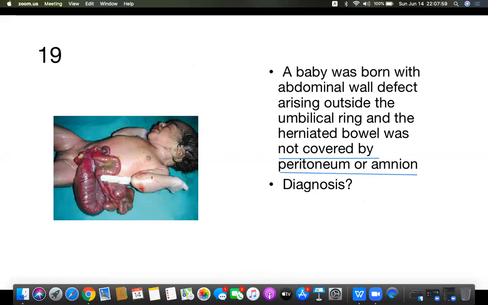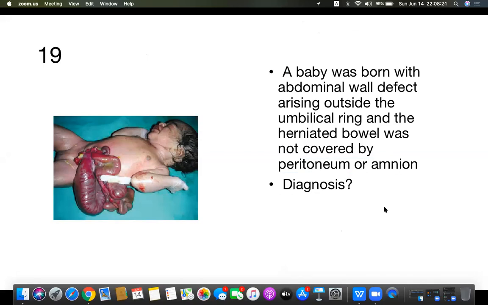Now, what is the management of this? What should we do? If this question is asked like this, you don't need to answer anything. Remember, you are probably a medical officer or pediatrician who is working in the delivery room.